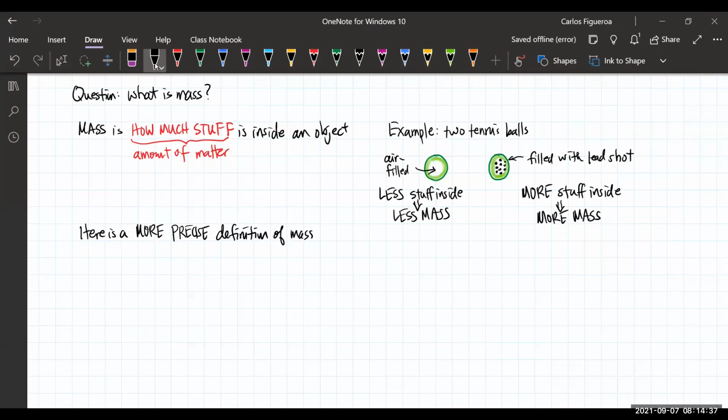In fact, there's a name for this mass. It's called inertial mass. So what we want to do here is that we need to look at the motion of objects. We need Newton's second law. And here's what we find.